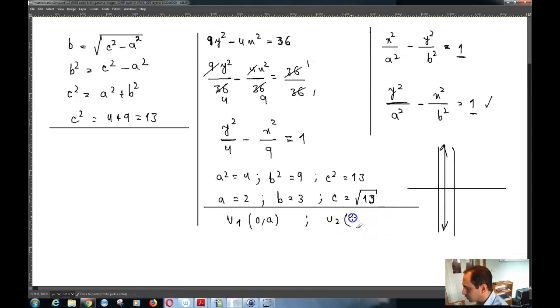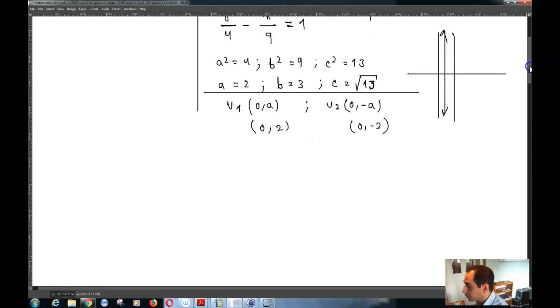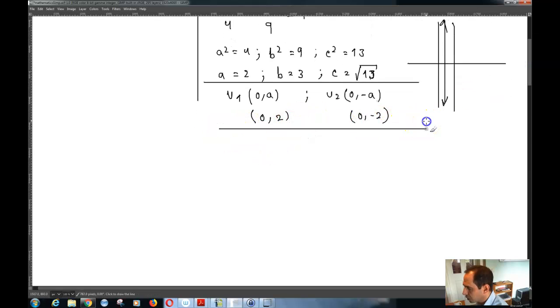So v1 would be 0 comma a, which is equal to 2, and so this point becomes 0 comma negative 2. Then your foci are at f1 at 0 comma c, and f2 would be 0 comma negative c. So this would be 0 comma square root of 13.